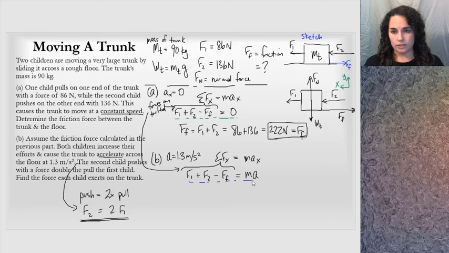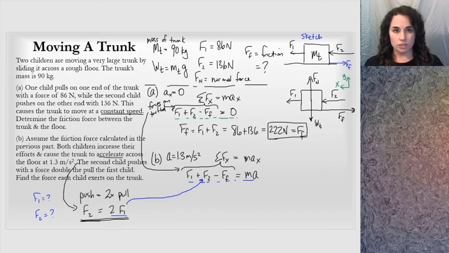It seems like if I'm solving for each, I have two unknowns. I don't know F1 and I don't know F2 in this situation. F1 equals question mark and F2 equals question mark. But I have two equations and two unknowns, so I can solve. Wherever I see F2 in this equation, I'm going to put 2F1. I'm just going to do a substitution in there.